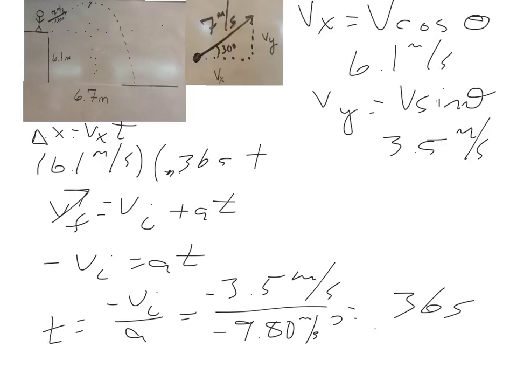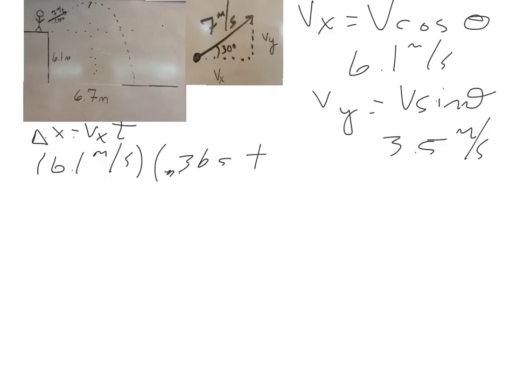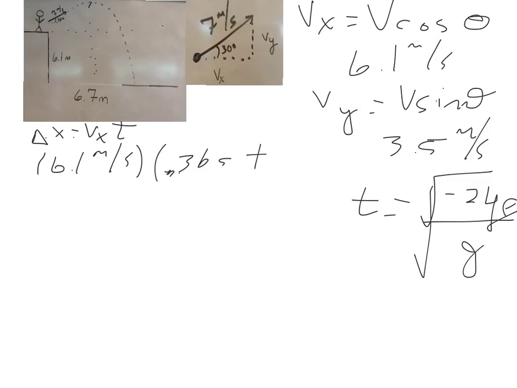And I have a special case equation that we derived today, or derived whenever we did this problem for you, and that is that the time down, so my last step, equals the square root of negative 2 times the YF all over G. But I can't do that without knowing my new height. So I'm not ready to quite go there.